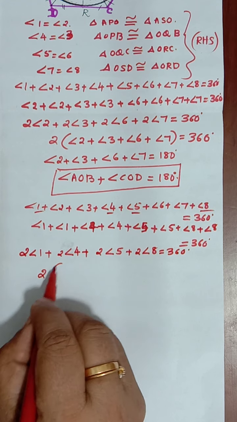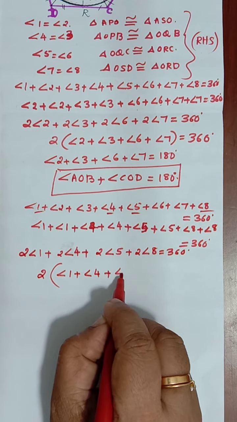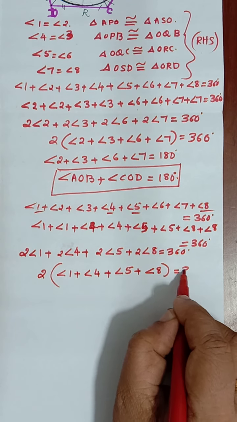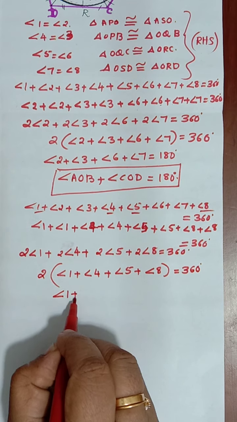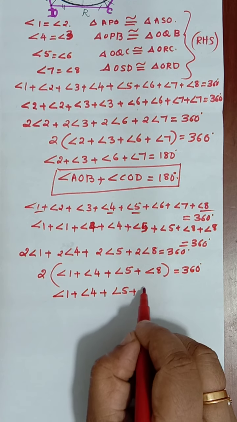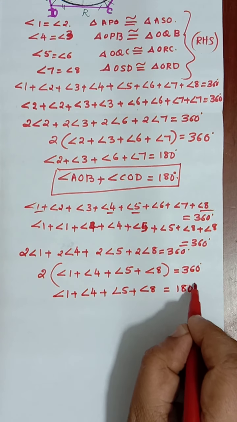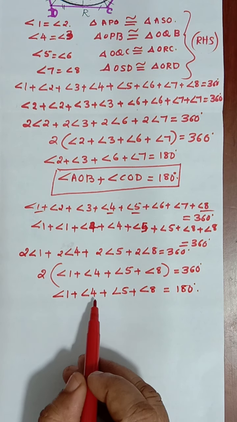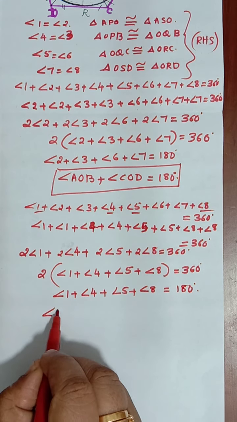So 2 times angle 1 plus angle 4 plus angle 5 plus angle 8 is equal to 360 degrees. Dividing by 2, we get angle 1 plus angle 4 plus angle 5 plus angle 8 is equal to 360 by 2, which is 180. Now here we have 1 plus 4 plus 5 plus 8. Isn't it 1 plus 8 together?